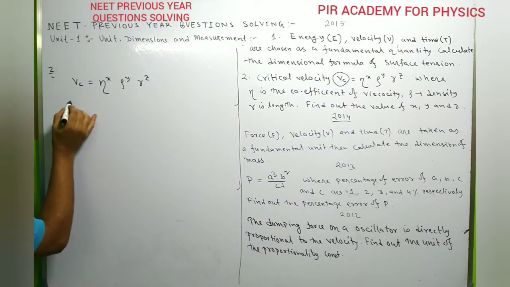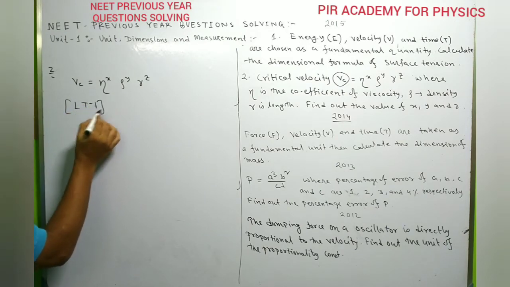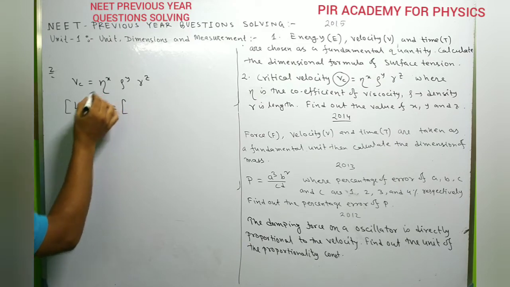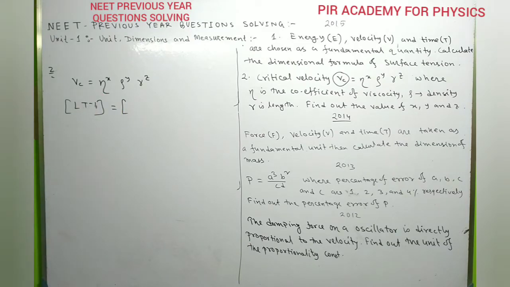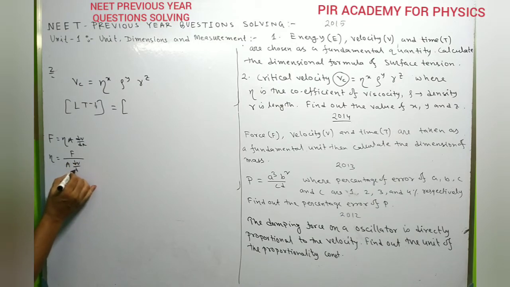So the dimension of critical velocity is L T to the power minus 1. Now, how to calculate the dimension of eta? Using Newton's viscous force, F equals eta A dV by dx. So eta equals F by A dV by dx.